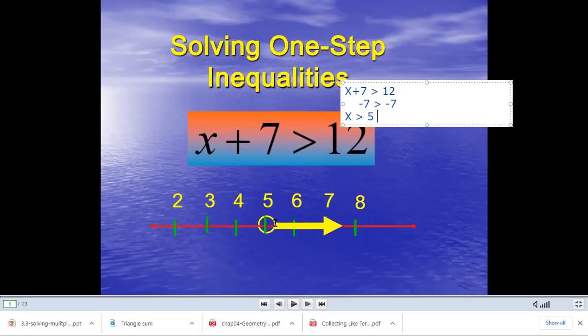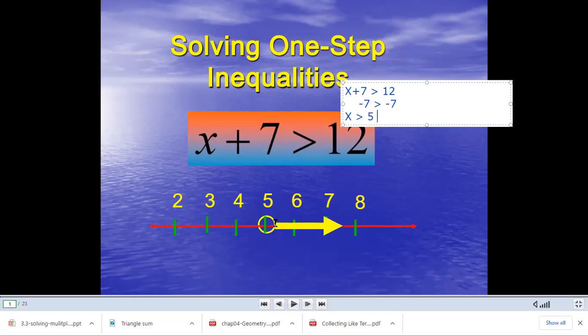For this reason we made it an open circle and then extend to the right side, forever. Any value more than 5 is a solution for this inequality. So once we have more than, we draw an open circle and then extend to the side which verifies our inequality.